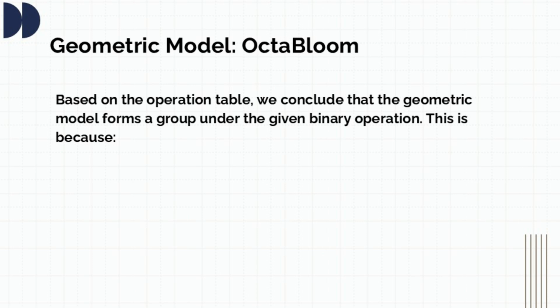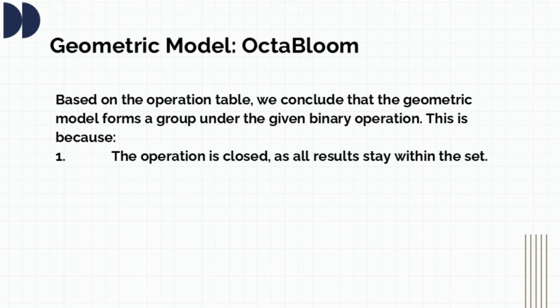So based on the operation table, we can conclude that the geometric model forms a group under the given binary operation. This is because the operation is closed as all results stay within the set. The operation is associative.